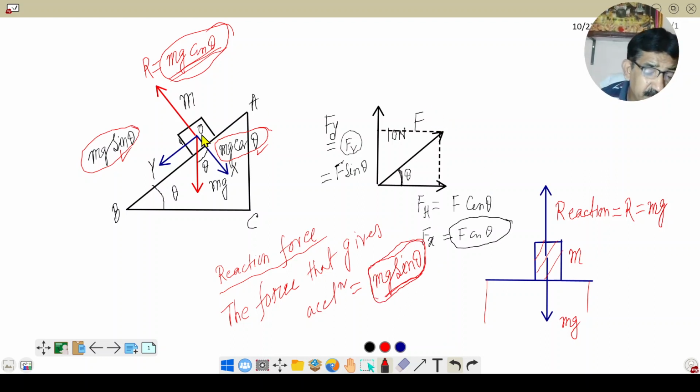When an inclined plane is considered and a body is placed on the inclined plane, there are several forces, and all the forces have been discussed in detail according to our principles of mechanics. You have to go through the entire lecture if you want to study the problems related to pulley and inclined plane.